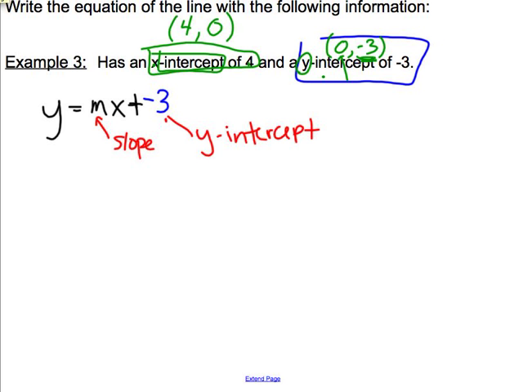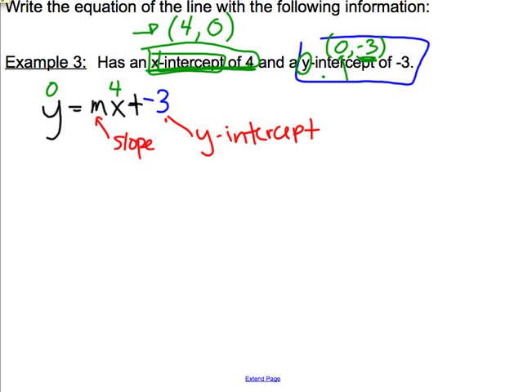So I'm going to do the same thing I've done with all the other problems. I'm going to plug in what I know. I'm going to plug in this point after interpreting the fact that an x-intercept is 4, that means the point is 4, 0. So where x is, I'm going to put a 4, and where y is, I'm going to put a 0. And I'm going to solve for m, because that's what I'm looking for.